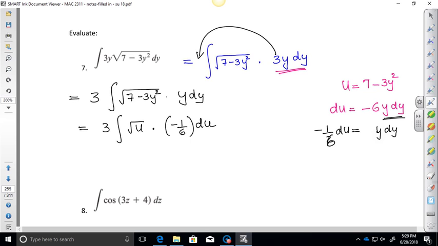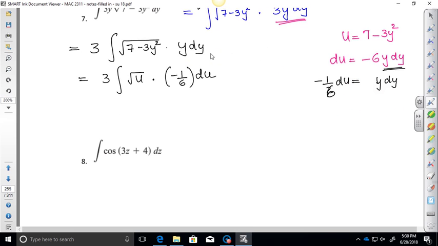So if you see any constant, you can take it out. Now we can bring that negative 1/6 out. We get negative 1/2. 3 times negative 1/6 is negative 1/2. That's what we saw at the beginning when we started the problem that way. So it's going to be negative 1/2 integral square root of u du.